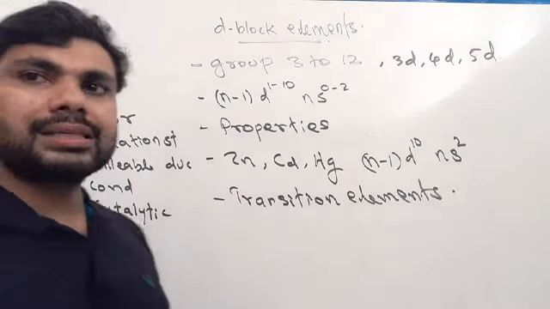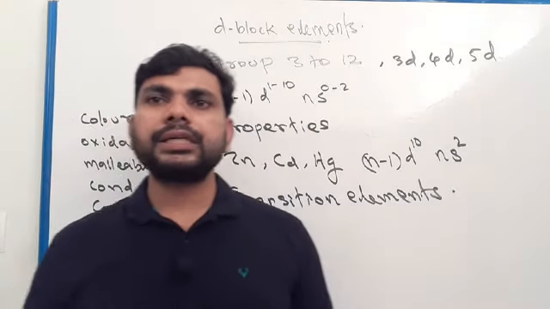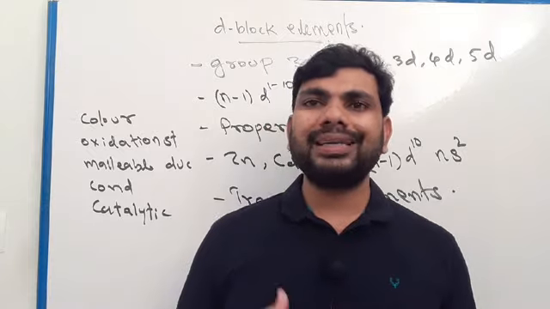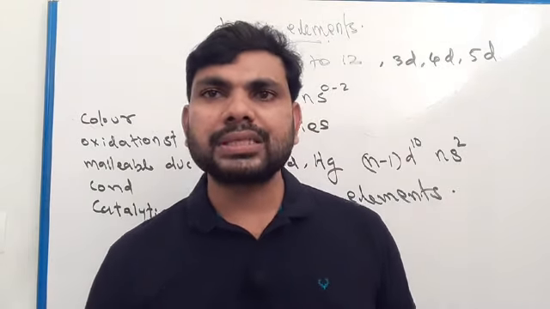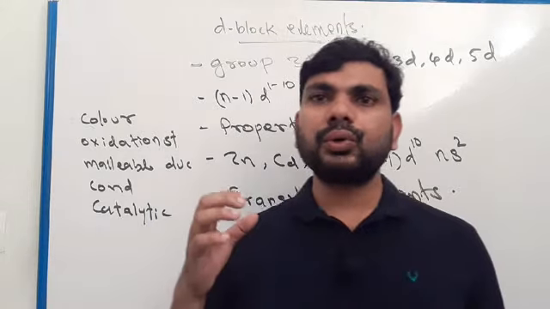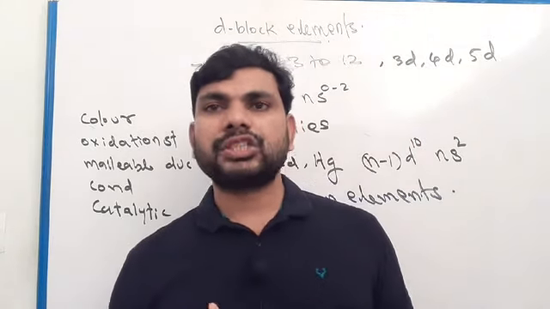Next, we have to understand the properties of D block elements. Most of the D block elements are metals. They are good conductors of electricity. They are malleable and ductile.